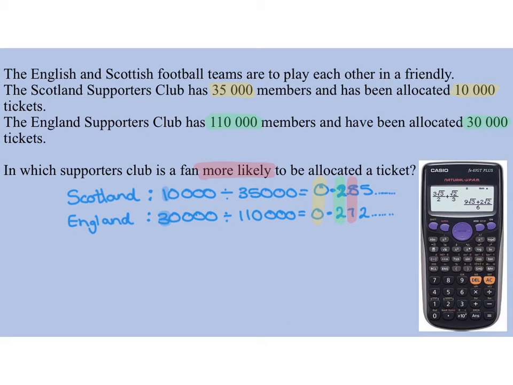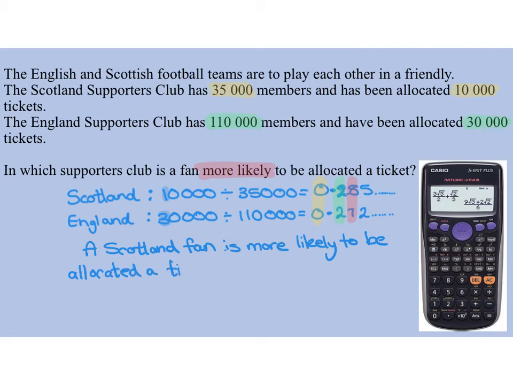So a Scotland fan is more likely to be allocated a ticket, and it's because that 8 is bigger than that 7.